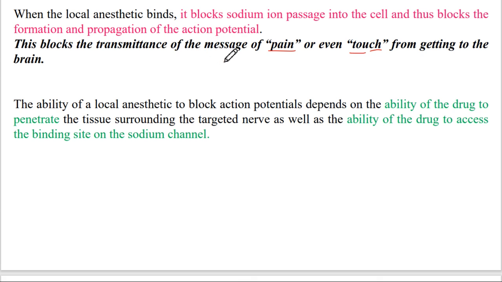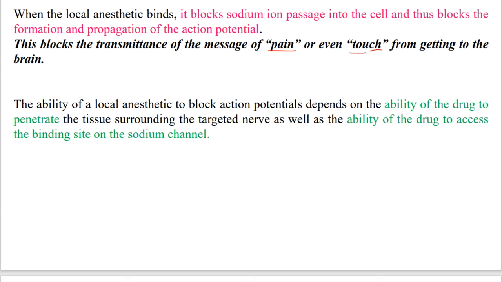This blocks the transmittance of the message of pain or even touch from getting to the brain. The ability of local anesthetics to block action potentials depends on the ability of the drug to penetrate the tissue surrounding the targeted nerve, as well as its ability to access the binding site of the sodium channel.